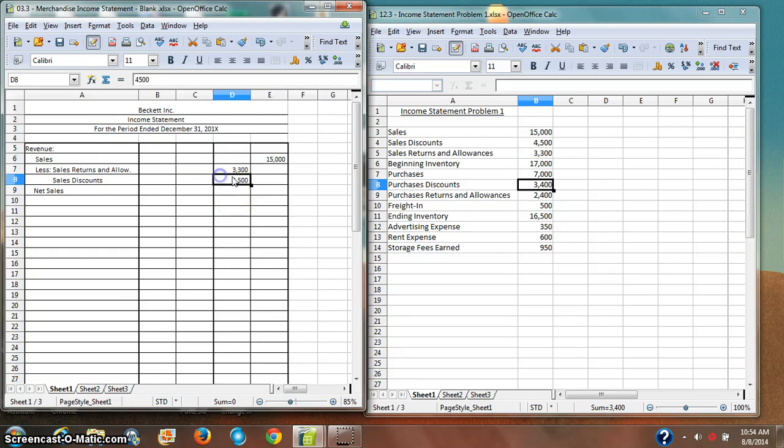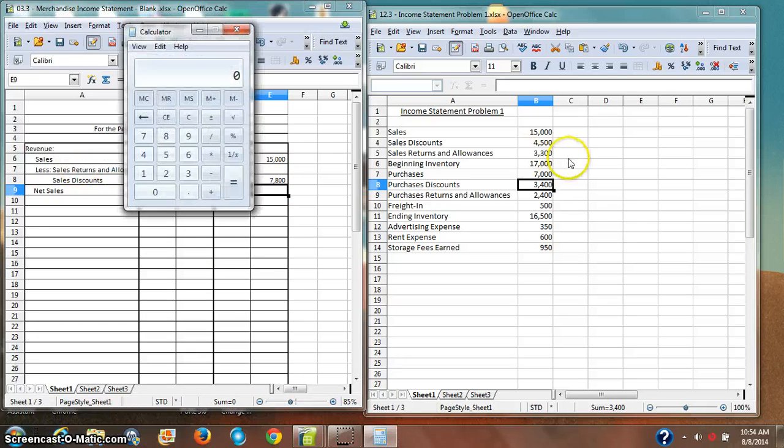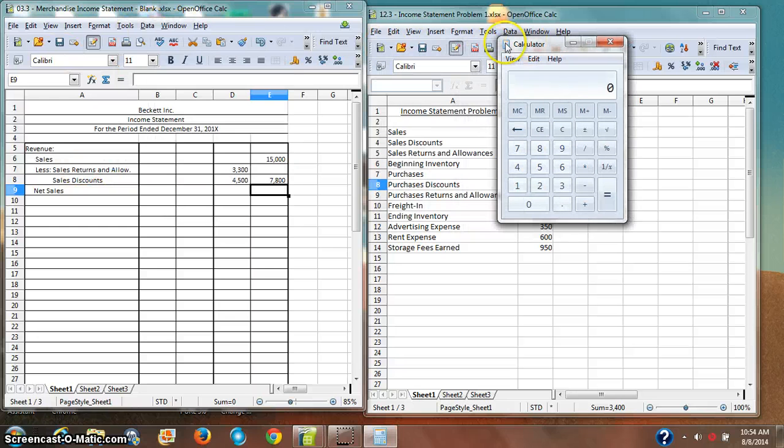I can actually add these two things up that I'm subtracting and put them in this column. The total of these two is $7,800. I can do this on a calculator as well, so you can see what I'm doing. 3,300 plus 4,500 is 7,800.